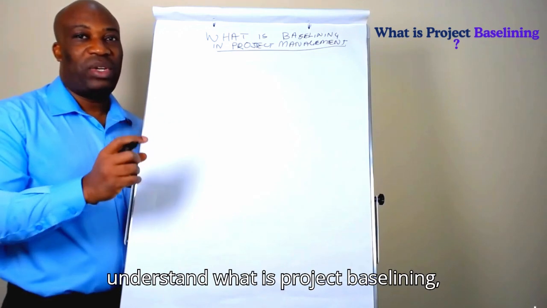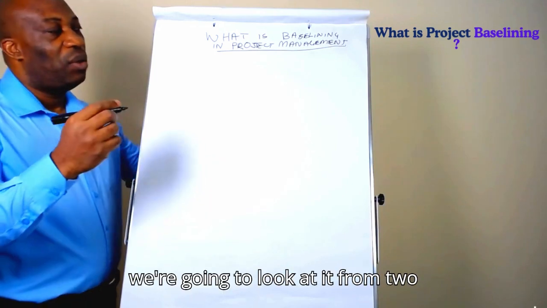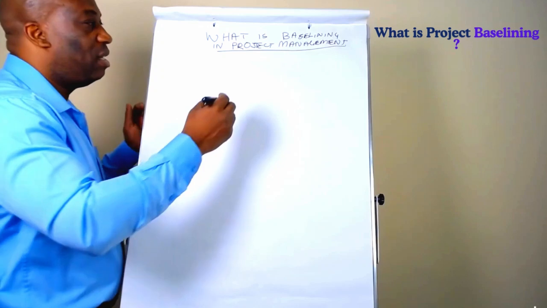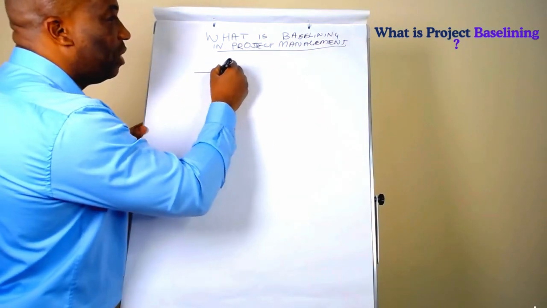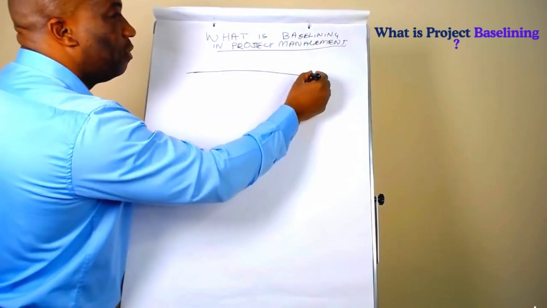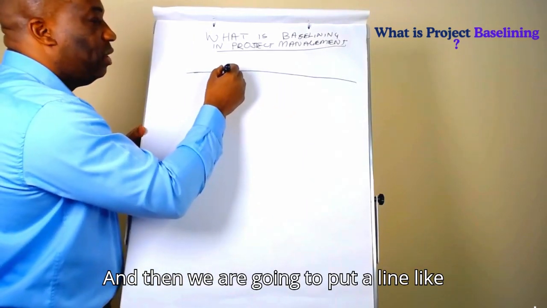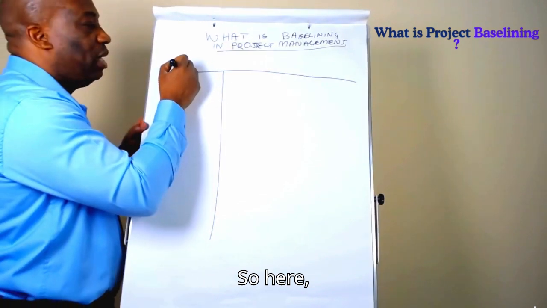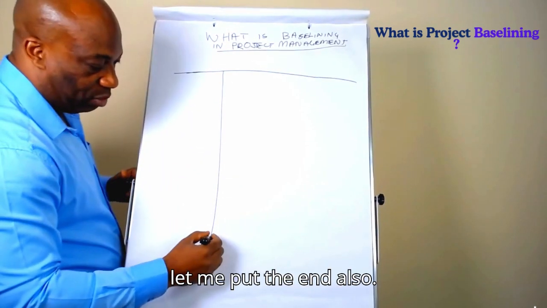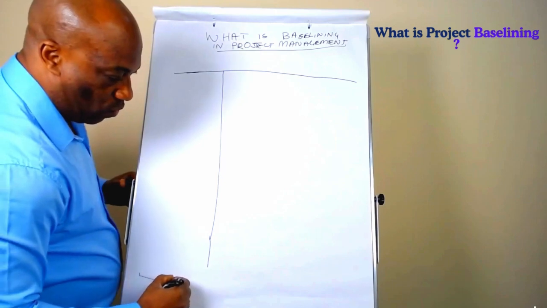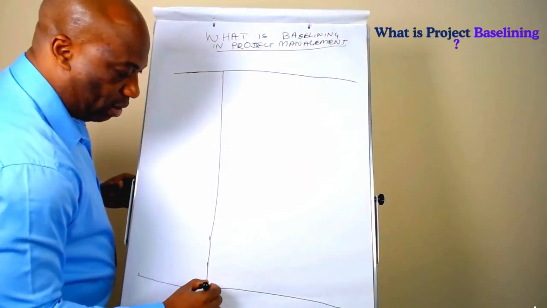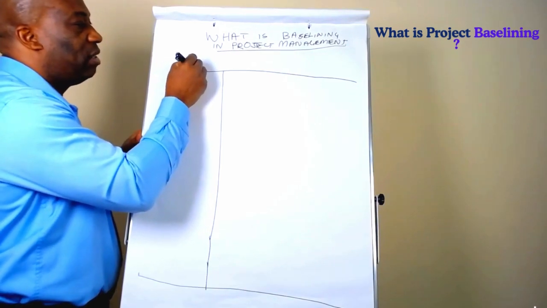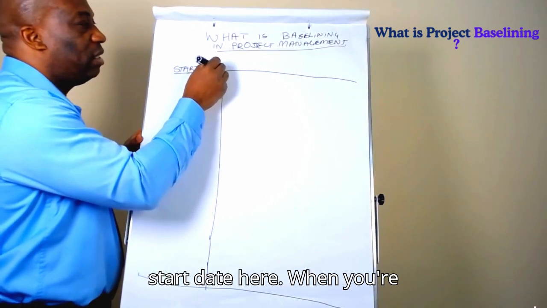So for us to understand what is project baselining, we're going to look at it from two angles, from the start to the end. So we are going to have a line like this, and then a line here, this side. Let me put the end also. So we are going to have the start date here.